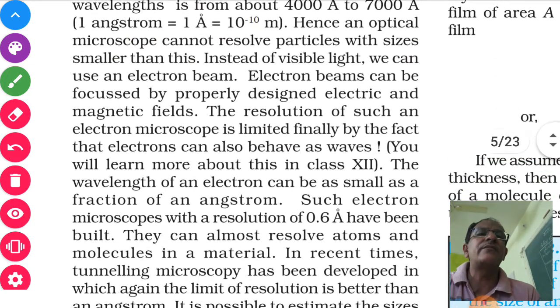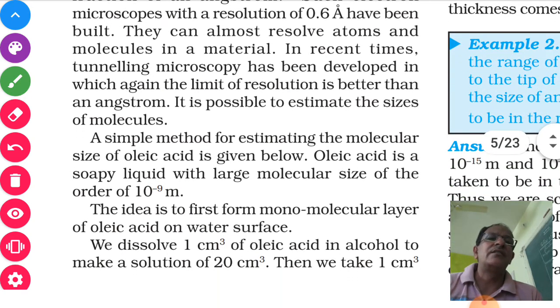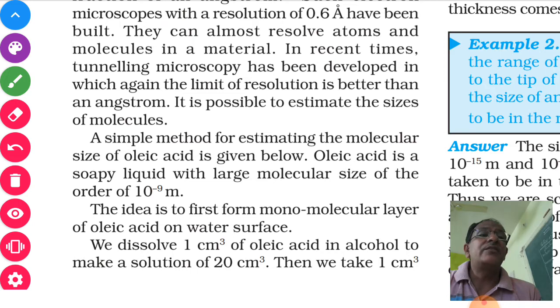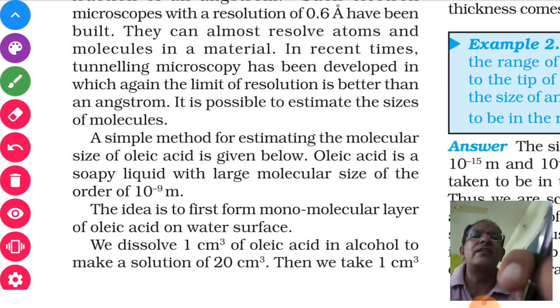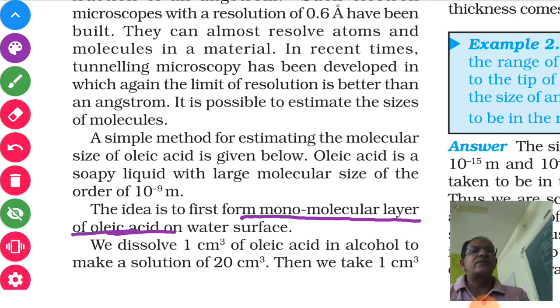What is 1 angstrom? And if you want to measure the height, or we can say the very small thickness, then it is the monomolecular layer method. That method is used to measure the very small layer.